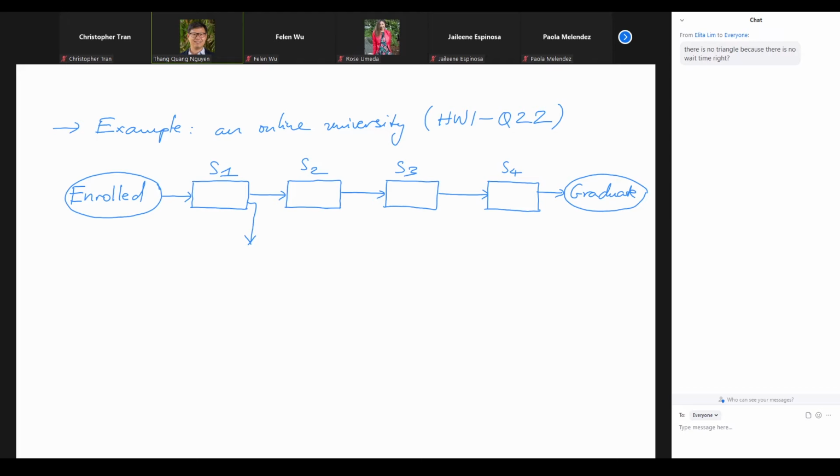You're right. Okay, so sometimes students quit after stage number 1, so we call that dropout number 1. And then we have dropout number 2, if someone drops out after stage 2. And then we have dropout number 3.